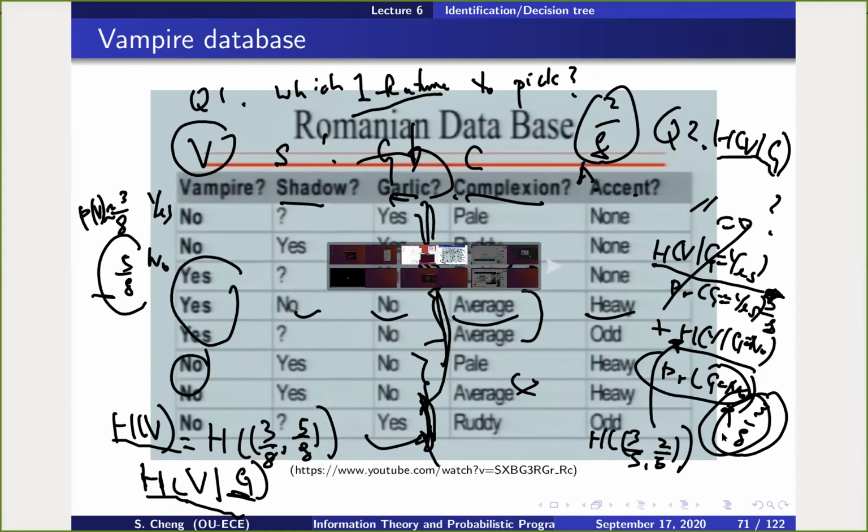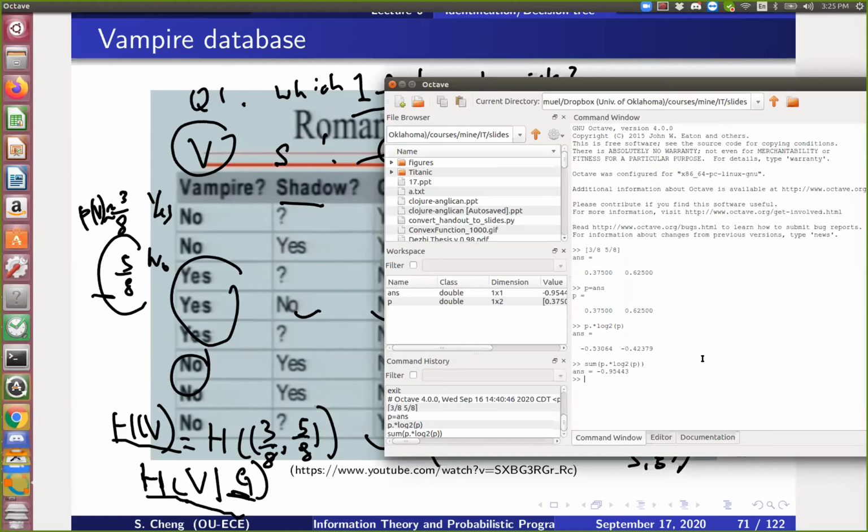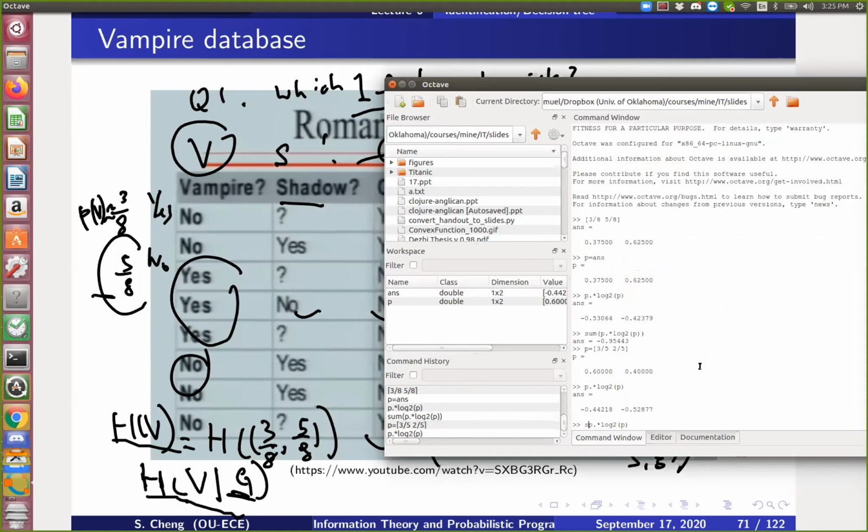Let's see, where's my model here? As I copy 3/5, 2/5, and P log 2P, so sum that.